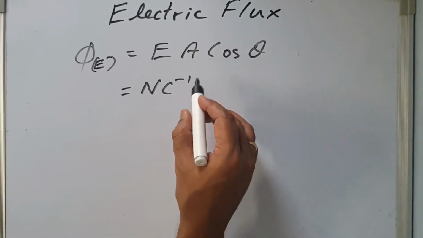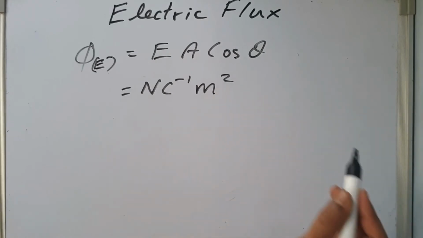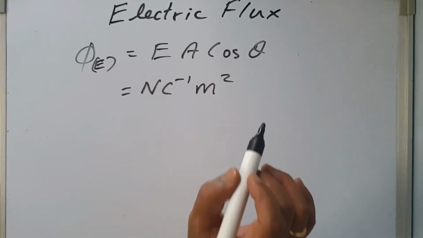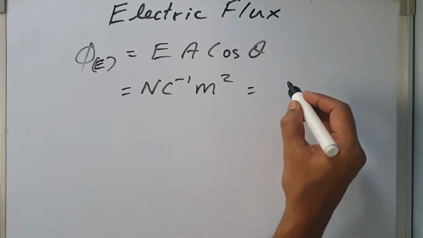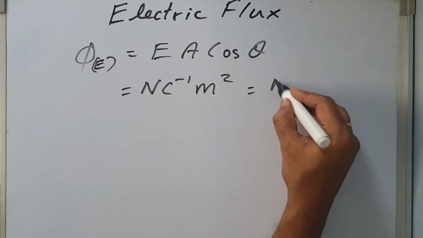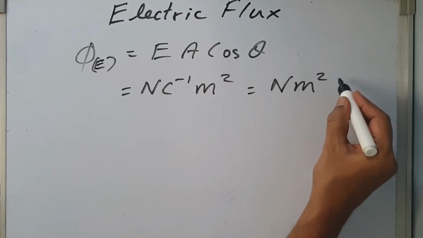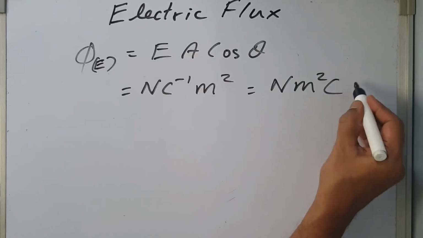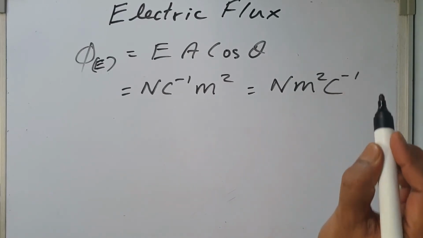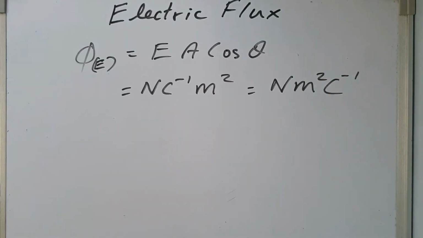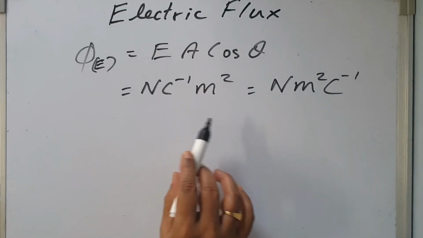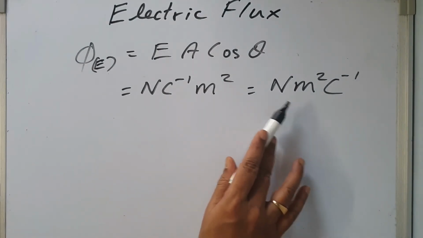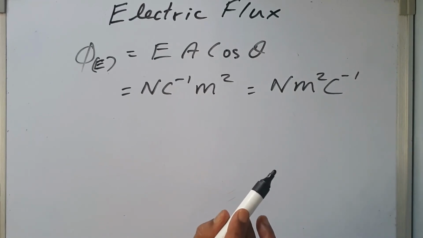What is the unit of area? Meter squared. Cos theta has no unit. Therefore, this is going to be Newton meter squared per Coulomb. It is the unit of electric flux.